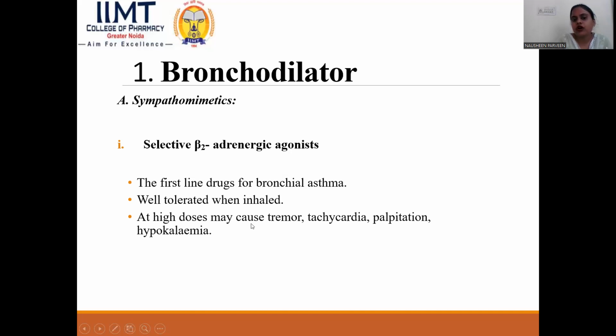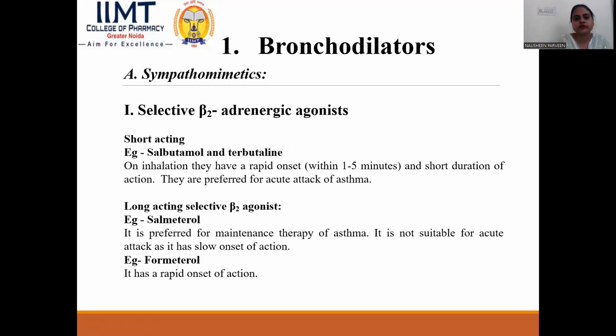At high doses, they may cause tremor, tachycardia, palpitation, and hypokalemia. The selective beta 2 adrenergic agonists are subclassified into short acting and long acting.